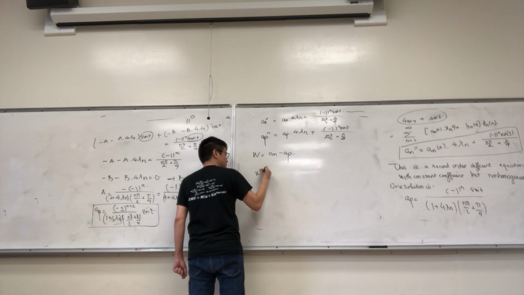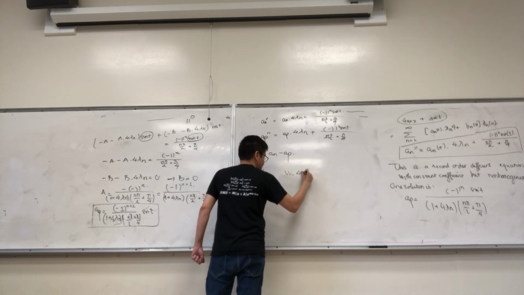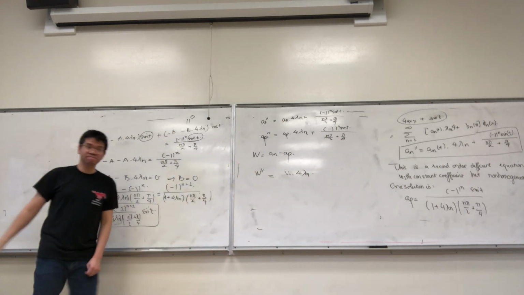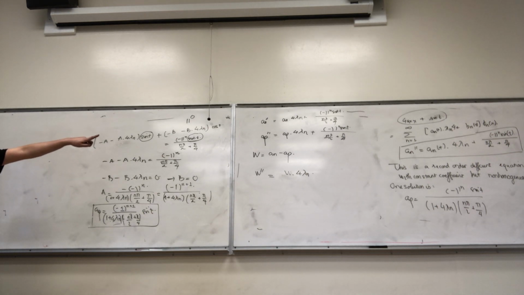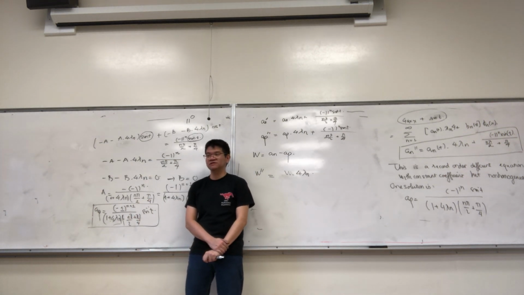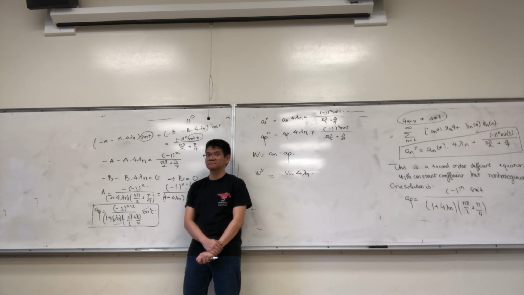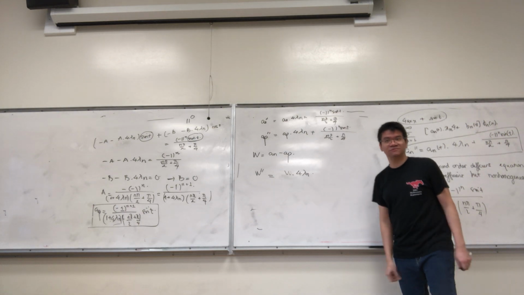In this case, W second solves the homogeneous equation. After you find one solution, you take the difference between AP and AN. This difference solves the homogeneous equation. So how can I solve this homogeneous equation? For this, you use the characteristic equation method.